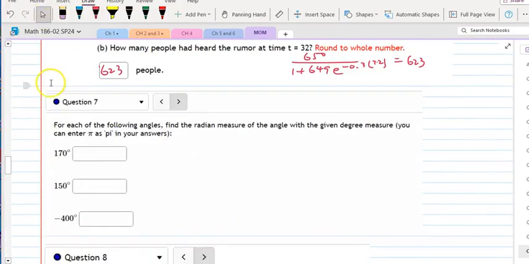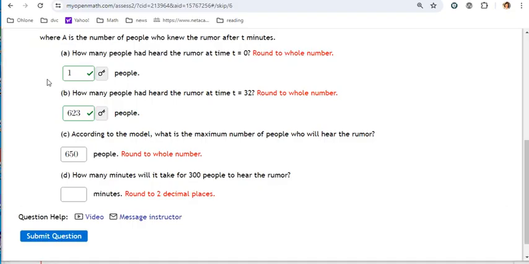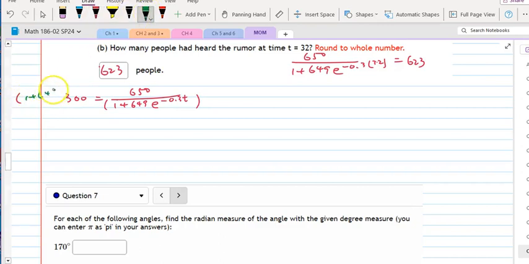So we would have to solve the equation. 300 would be on the y side and is equal to 650 over 1 plus 649 e to the negative 0.3t, and we have to solve for t. So multiply both sides by these things.